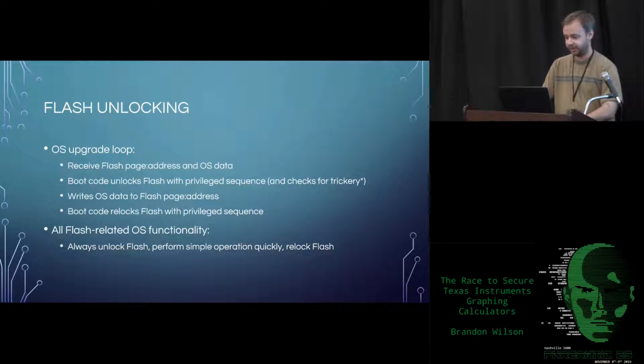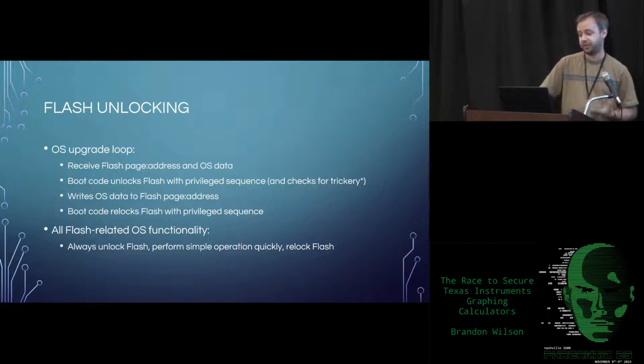Which I'll get into in a second. So to give an example of how TI uses this protection, here's the logic for receiving and installing an OS upgrade. In a loop, the boot code will, one, receive a chunk of the OS data and where it should be written to on the flash chip. Two, unlock flash using that privilege sequence, writing a 1 to port 14.